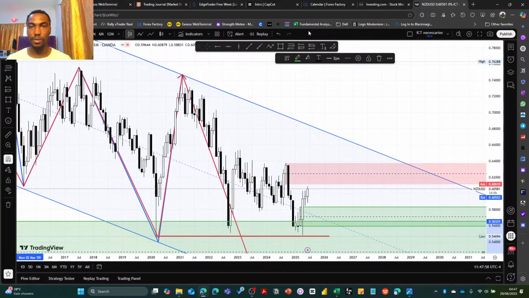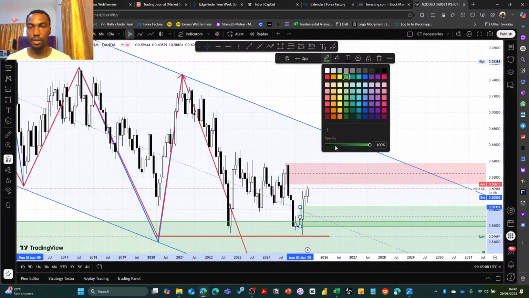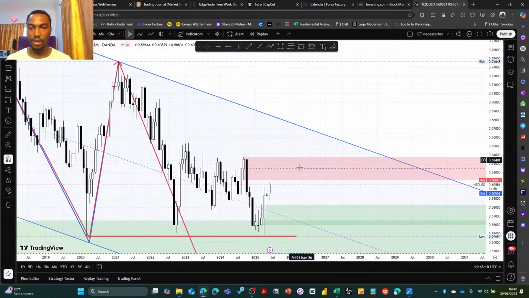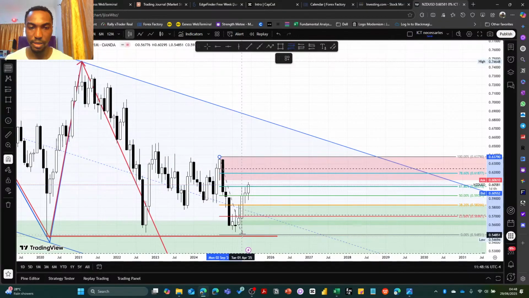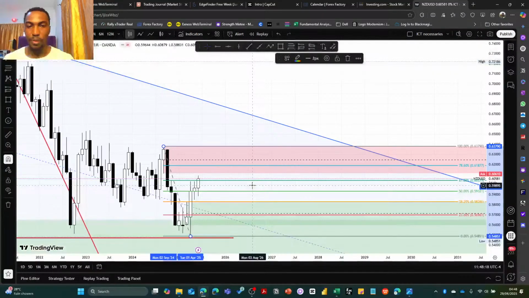Allow me to remove all of this. I just want to remove this. So we're now clearly sandwiched between these two zones. And if you draw this star to this star, to this star to this star line, we're currently in the premium.